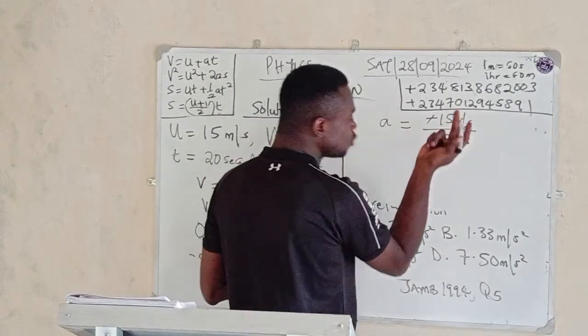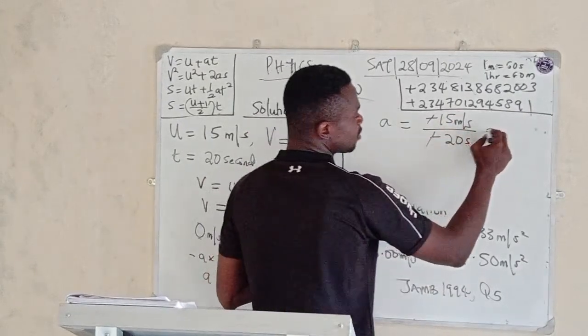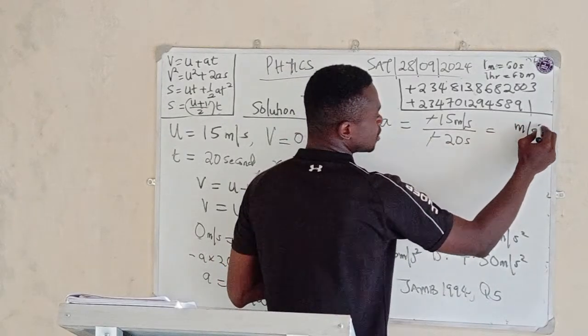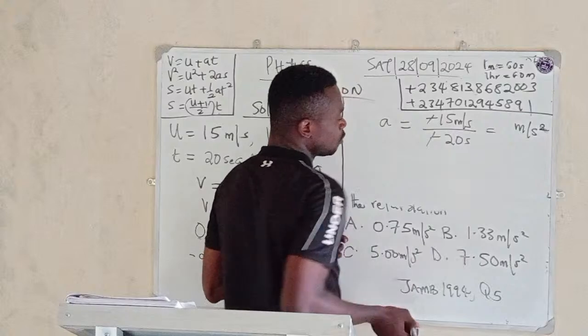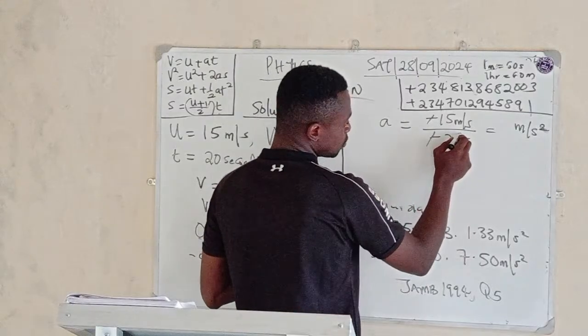So 15 divided by 20, meter per second squared. 20 divided by 15, 2 can go.